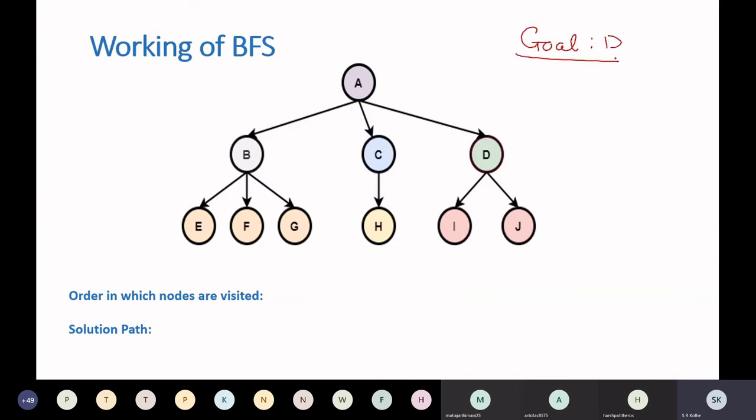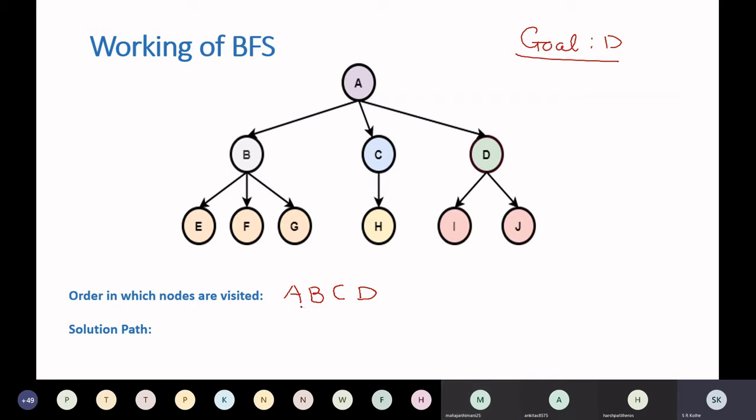Then what is the order in which nodes will be visited in case of breadth first search? A, B, C, D.